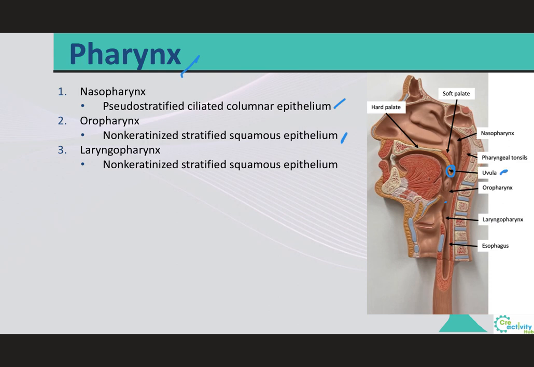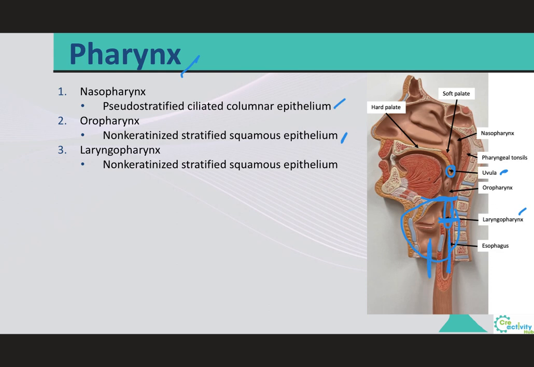Last, we have what we call the laryngopharynx, which basically will be closer to the larynx, and it's going to be this narrow part, which will include the region of the pharynx lying between the hyoid bone and the entrance to the esophagus, which is going to run posterior to the trachea.